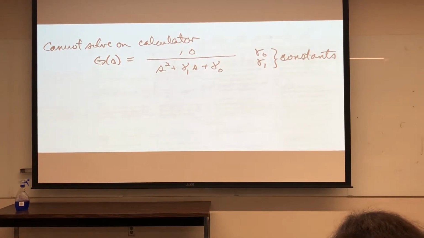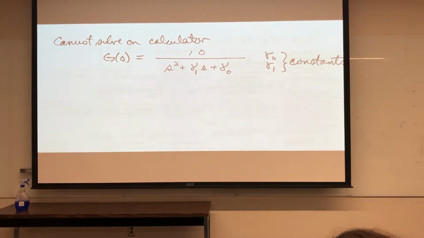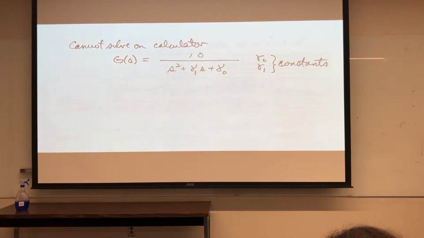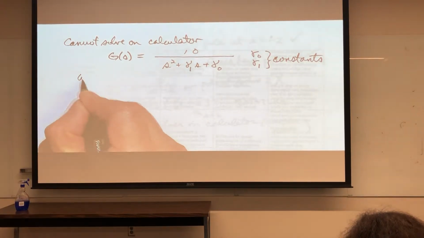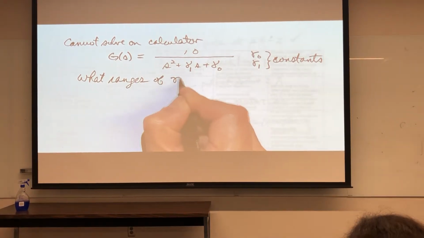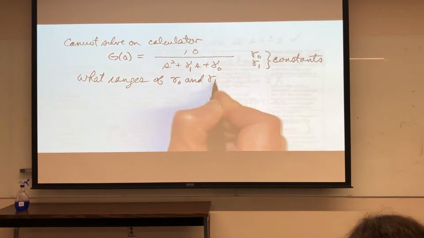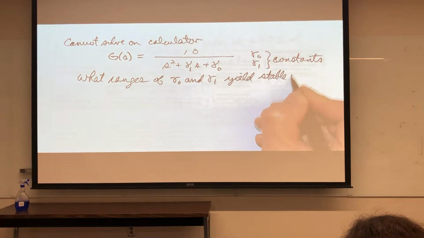Sometimes in a system we have things that are adjustable. So here I have two constants, or two gains, gamma 0 and gamma 1. They're adjustable. Since we don't have numbers, we can't plug that into our calculator. So what we want to know is what ranges of gamma 0 and gamma 1 yield a stable model.